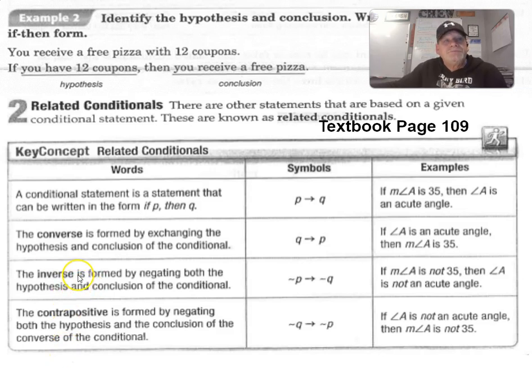The inverse is formed by negating both the hypothesis and the conclusion of the conditional.